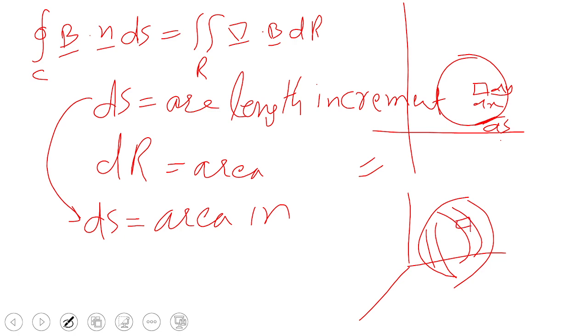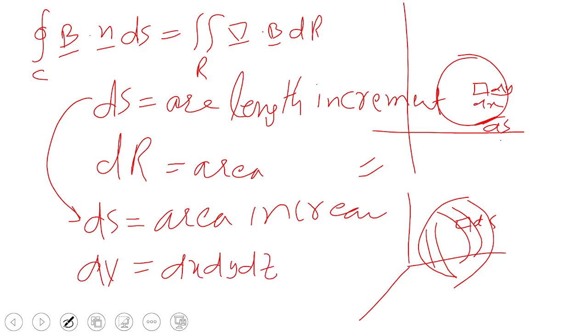We have a small patch on the surface, ds. And this dr will go to dv, which will be equal to dx, dy and dz. That will be volume increment, a little cube.